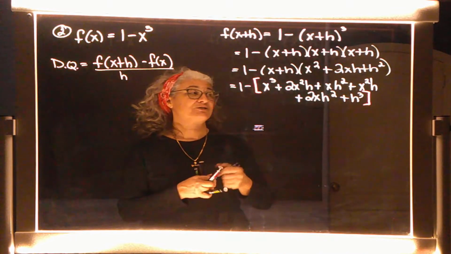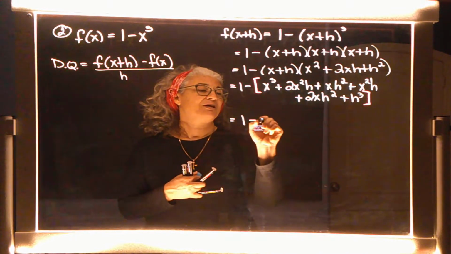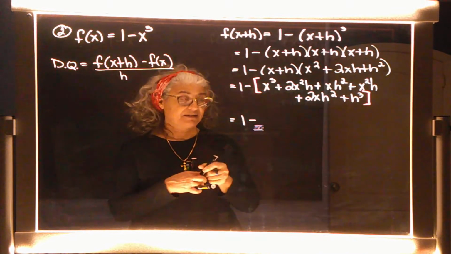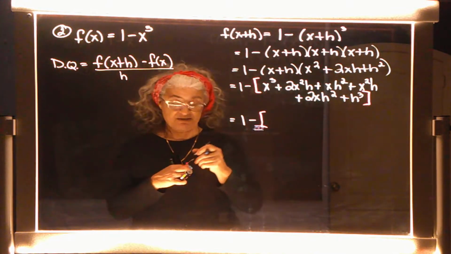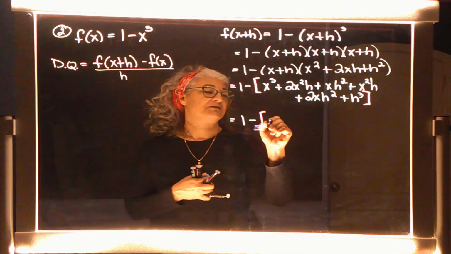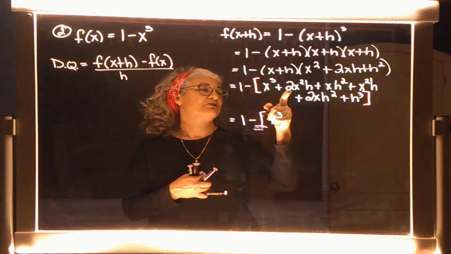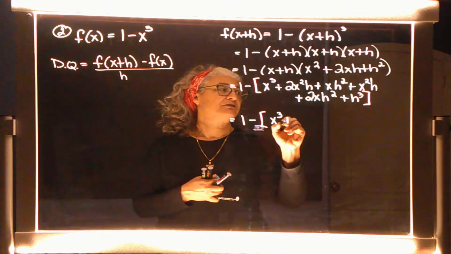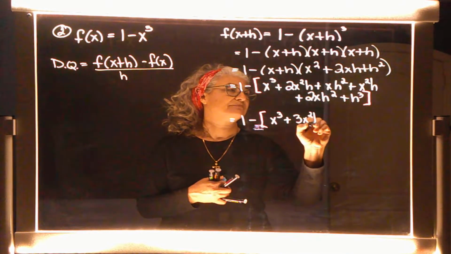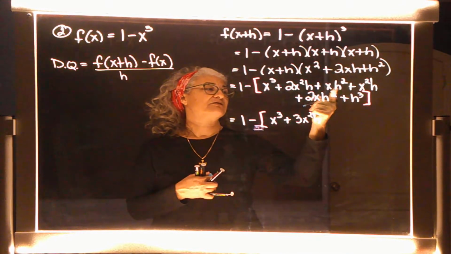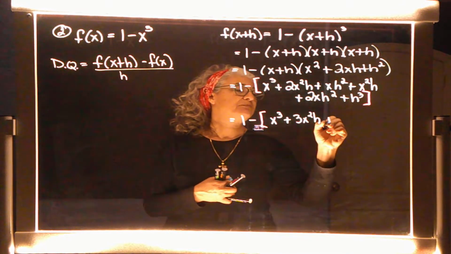Let's collect some like terms. So, still have this bracket. Why? Because I am not ready to distribute that minus sign yet. So x to the third, 2x squared h, and one more x squared h. 1xh squared, and two more of them.